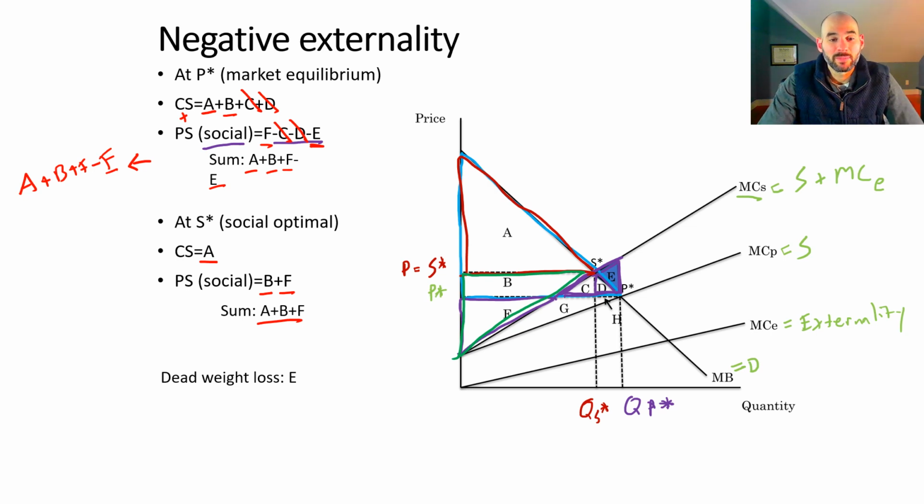And if we take the difference between those two, then we can see that the one on the bottom, the one for the socially optimal solution, is going to be greater by the amount E. That deadweight loss is appearing as a subtraction from the social welfare in the completely private market.